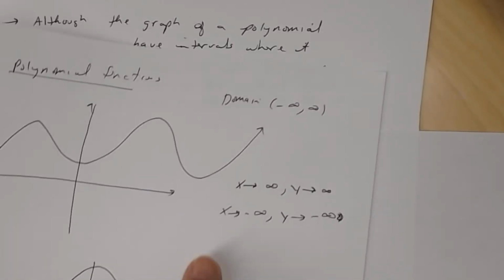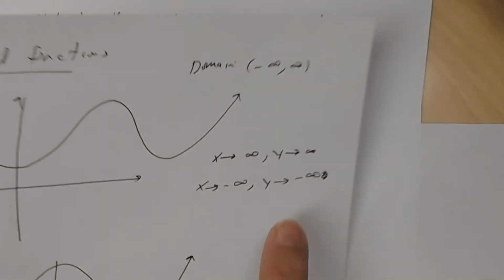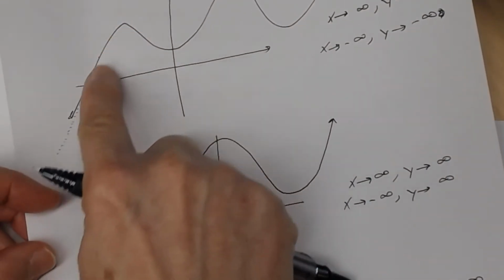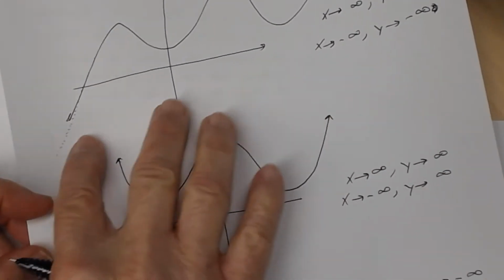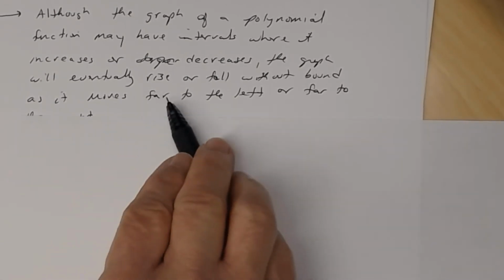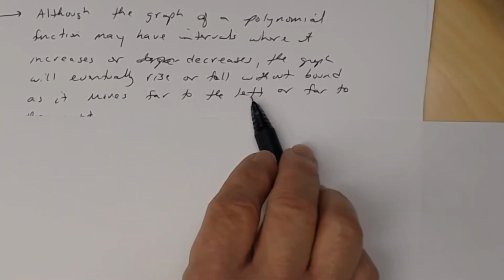It will eventually go up or eventually go down on the ends of the graph.